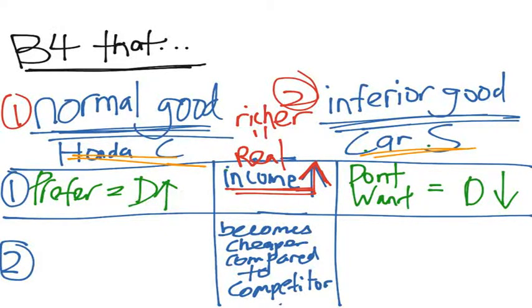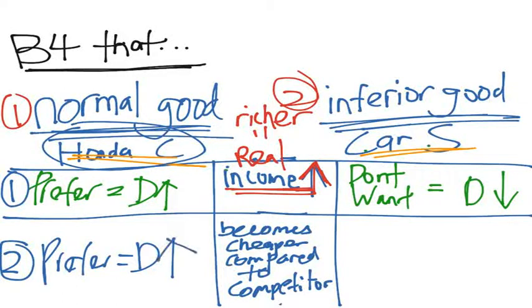Of course, because let's say there are other cars available like Honda Civic or BMW or even Proton Saga. When it becomes cheaper, the Honda City will become more attractive to you, so of course you prefer Honda City, and the demand will increase.